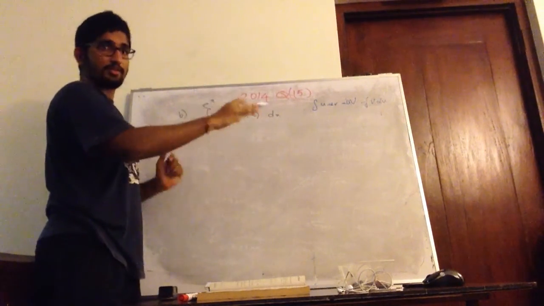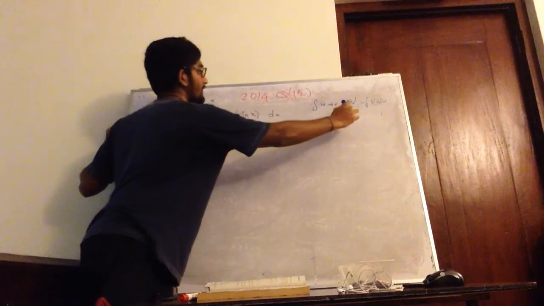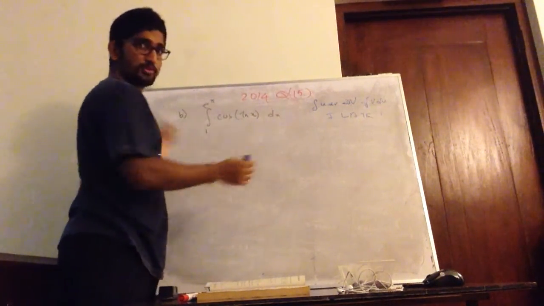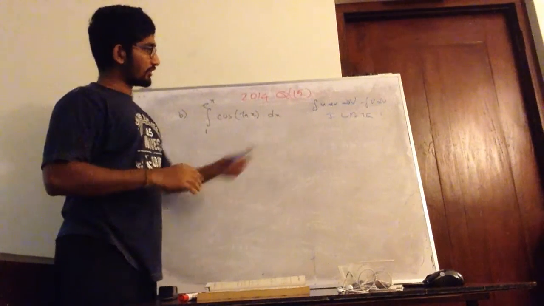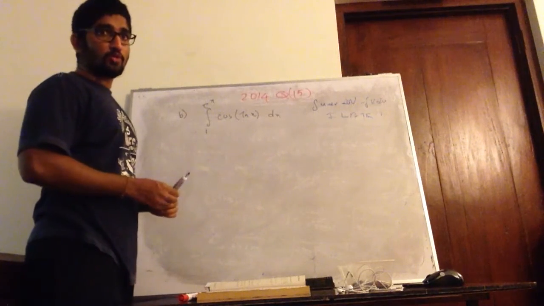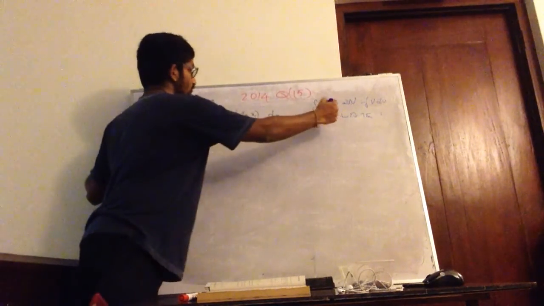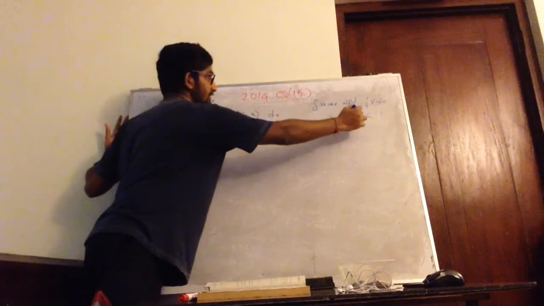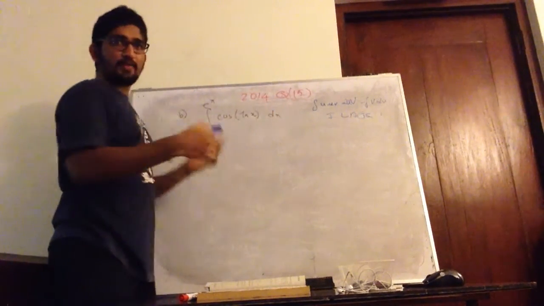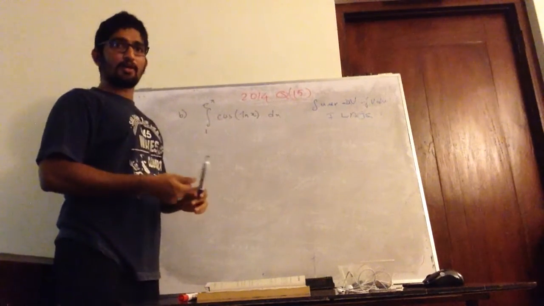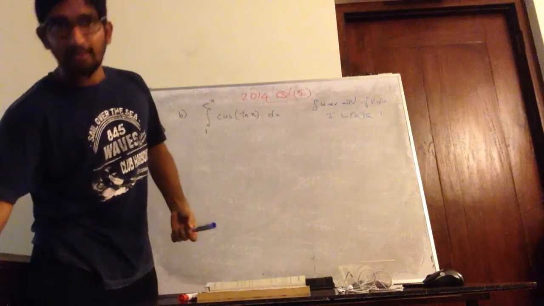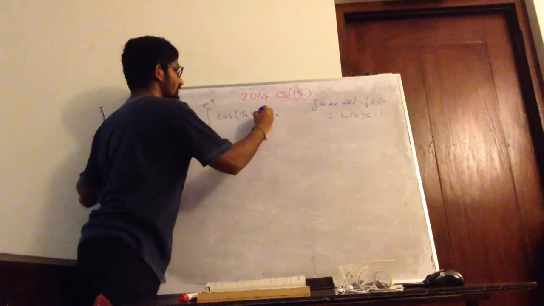Right, so this is the basic thing, and you have the ILATE to choose the u, right? So now here there is a trig, no? But there's no other part, no? So then we have to improvise. We have to improvise and make something up. So we have to put something, 1, here.